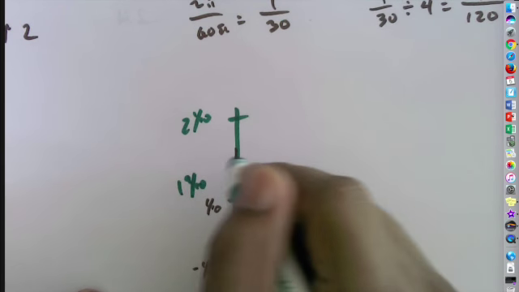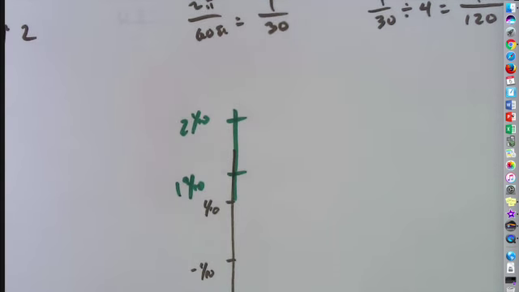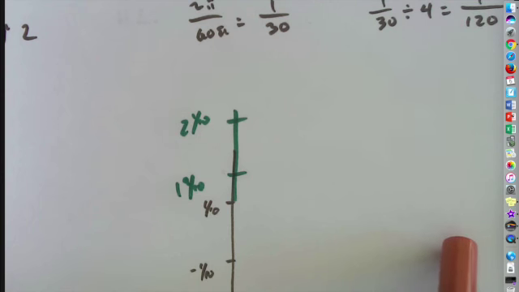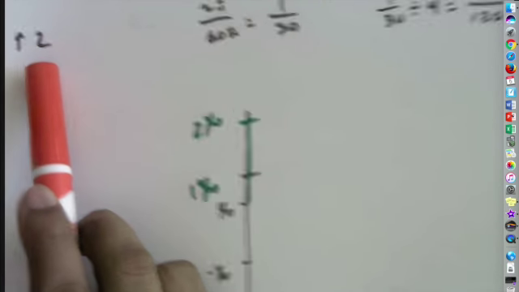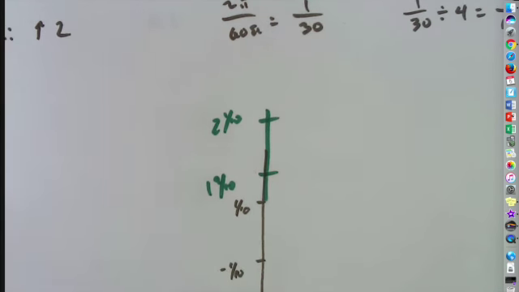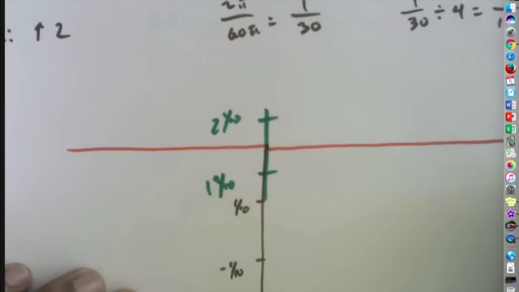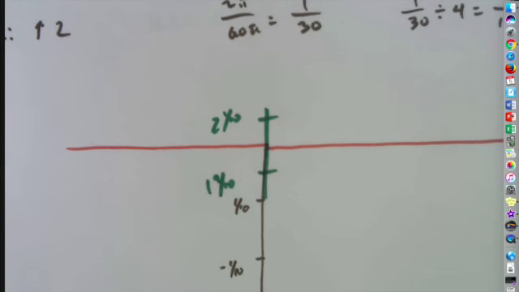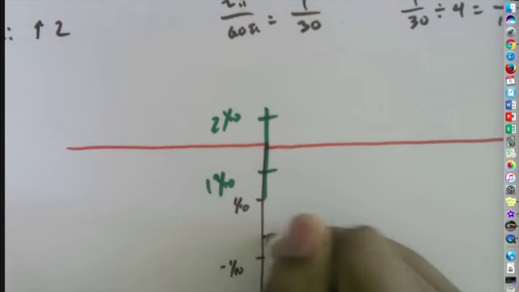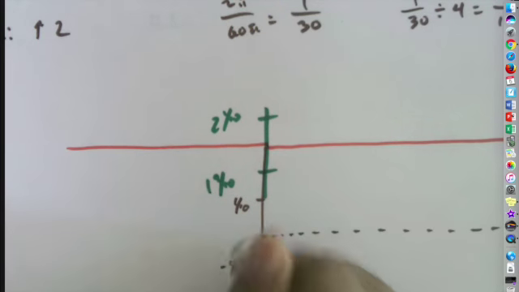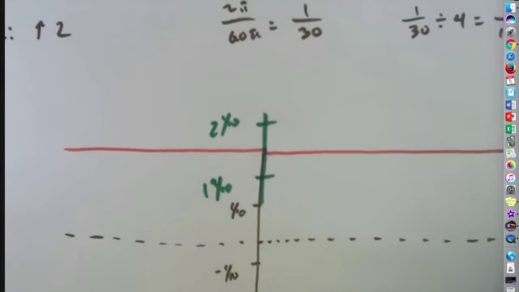Which means my midline is going to be at 2. And the reason I know the midline is at 2 is because the midline usually is the x-axis, but I shifted the entire graph up 2 units. So here's my midline. Now the other thing that I need to look at is here's my x-axis. Here for the first time, our cosine graph is not going to touch the x-axis at all.